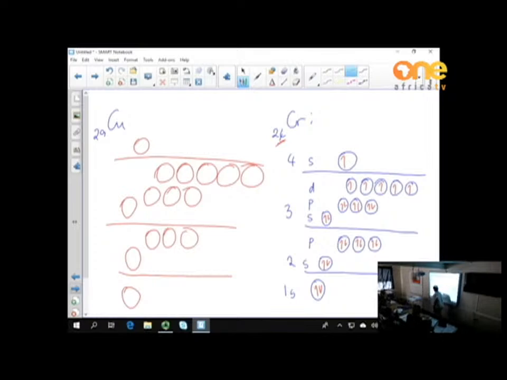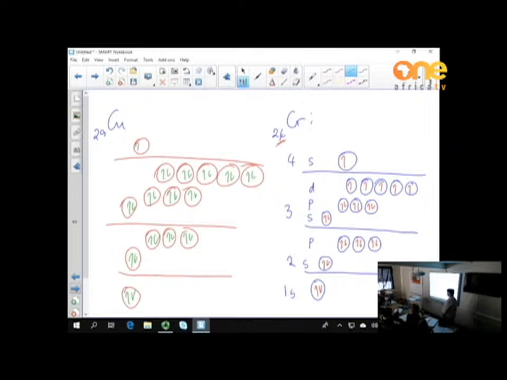The first ones that go in go 1, 2, 3, up to 18. Then it goes 19, 20, up to 29.